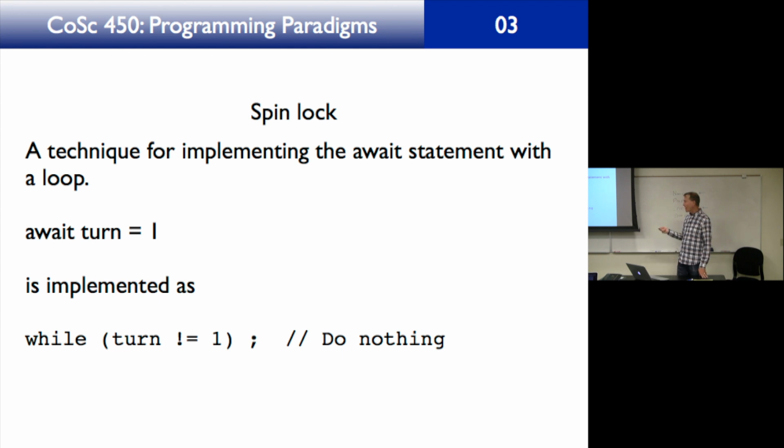Are you with me? Now, why do you think it's called a Spinlock? Because what's it doing? Testing, testing, testing, and eventually, not necessarily pretty soon, but eventually, what? Time out. If it has control of the CPU, it's testing, testing, testing. Eventually, time out.